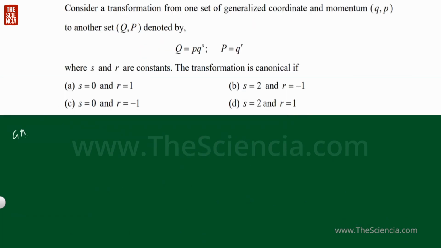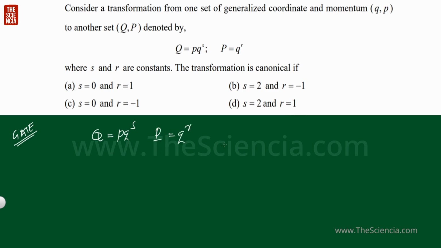This one is a gate question, and in the question Q is given and P is given, and they are asked to find out if it is a canonical transformation, then what is the value of S and R. Here what are the given generalized coordinate and momentum? That is Q equal to PQ raised to S and P equal to Q raised to R, right?